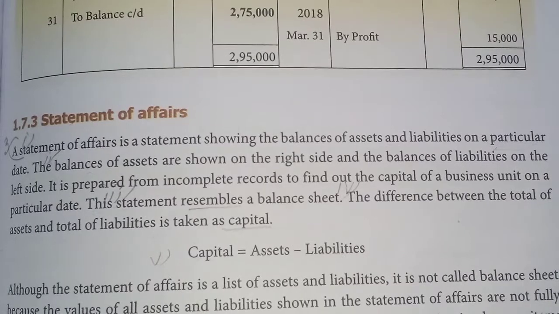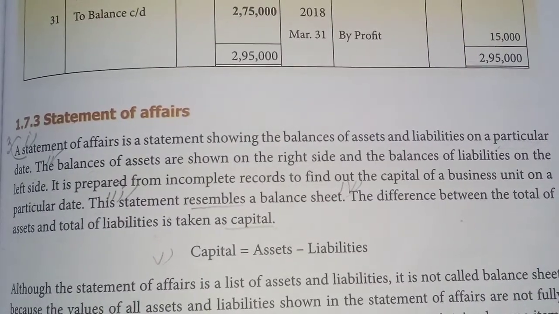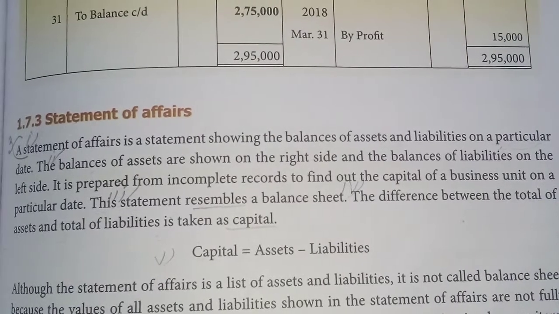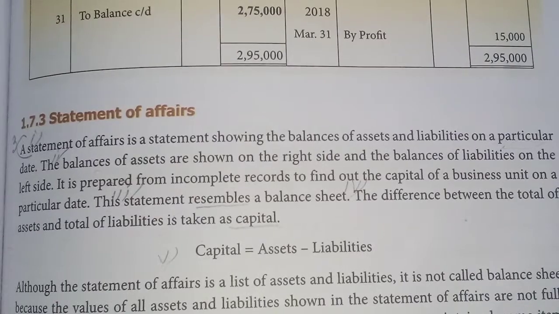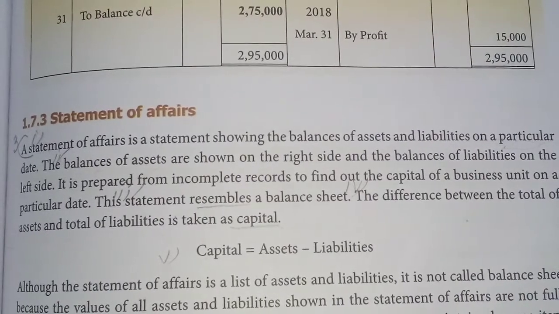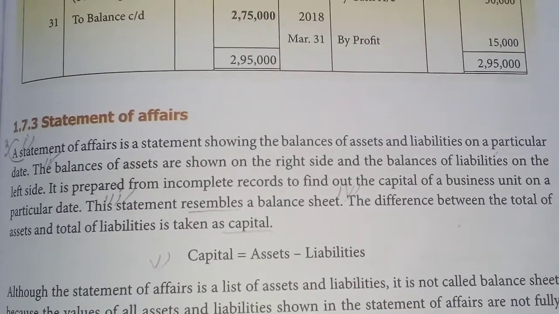Here, to calculate capital, we can derive another equation: capital is equal to assets minus liabilities. Only that equation is followed in this topic. So we will learn how to calculate this capital through the statement of affairs.